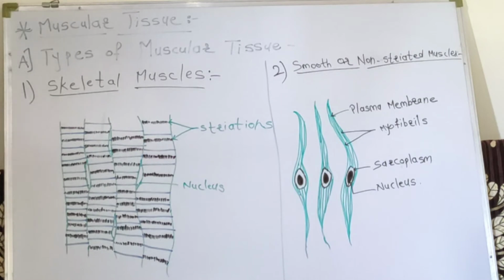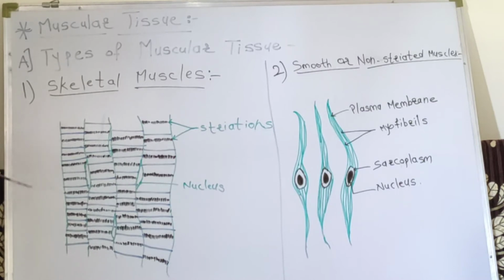There is a dark band and a light band present, and sarcomeres are present, and each sarcomere has a dark band. You can see this is the dark band and this is the light band. This dark band is anisotropic, so it is called the A band.